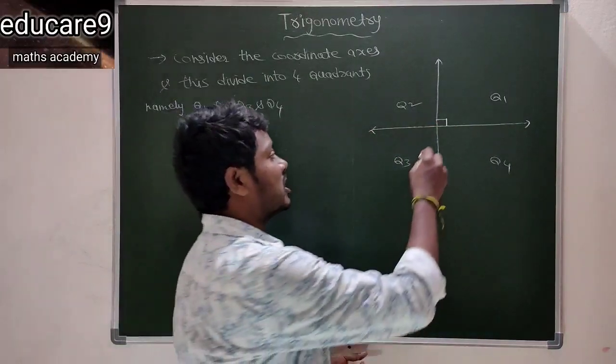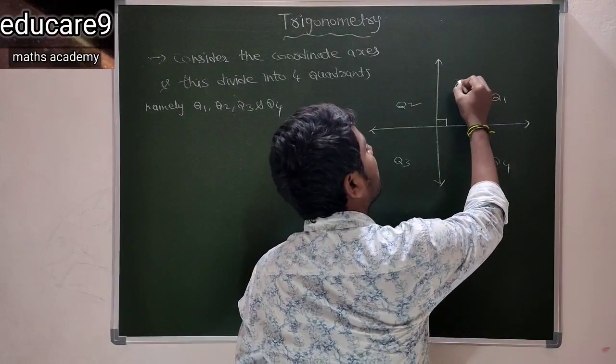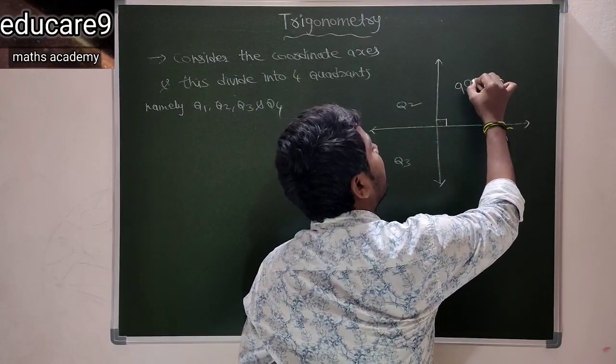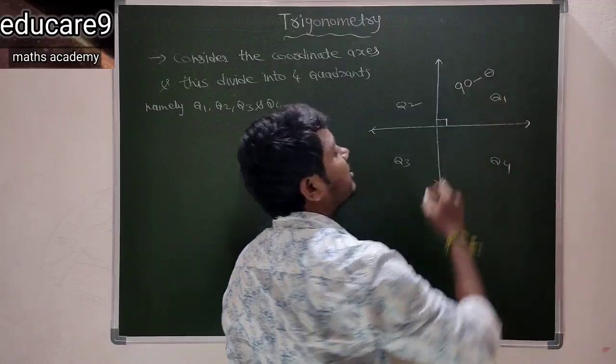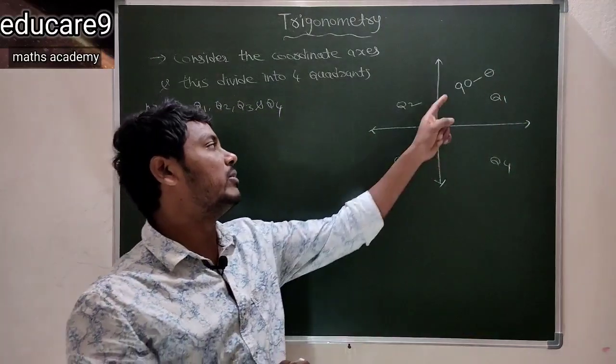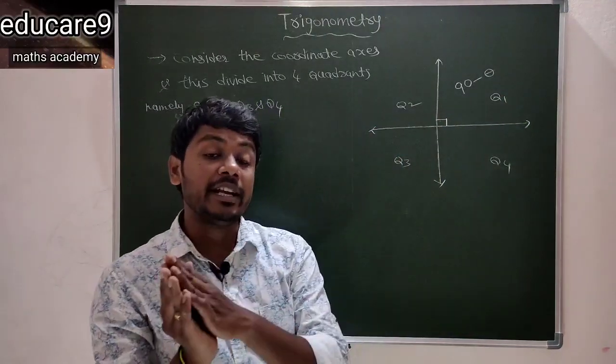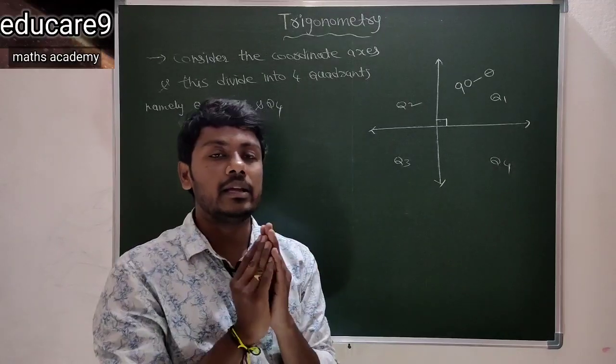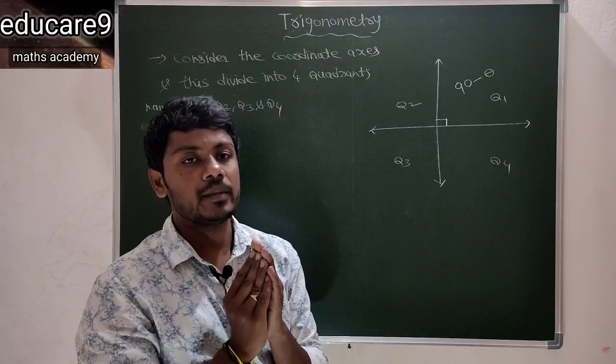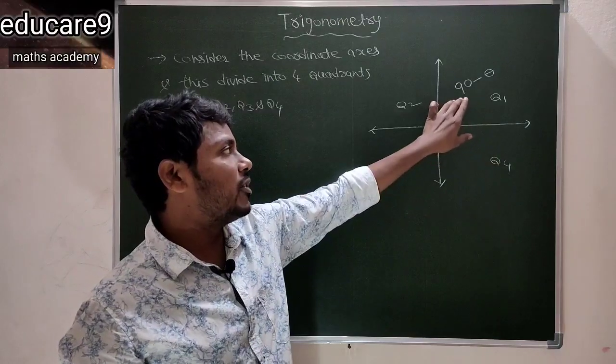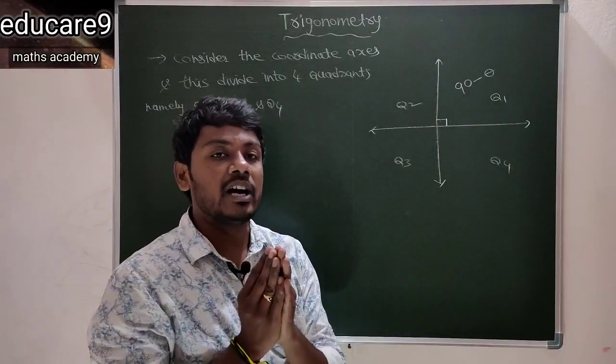Okay, so that's why I am writing in the first quadrant 90 minus theta. If theta is 0, you will get maximum angle. If theta is equals to 90, you will get the minimum angle. Okay, so therefore in first quadrant theta values are 0.